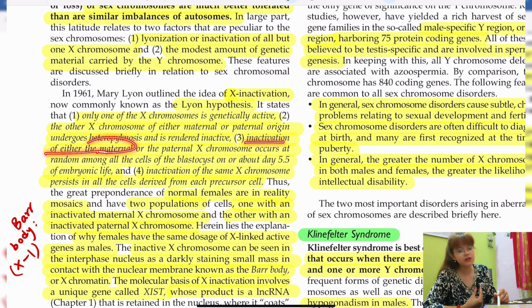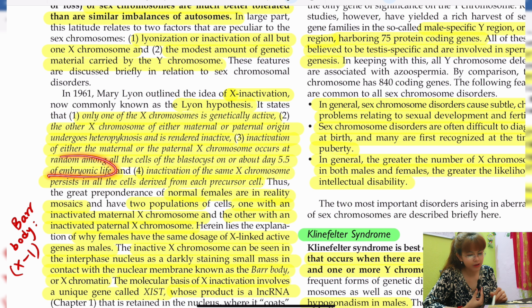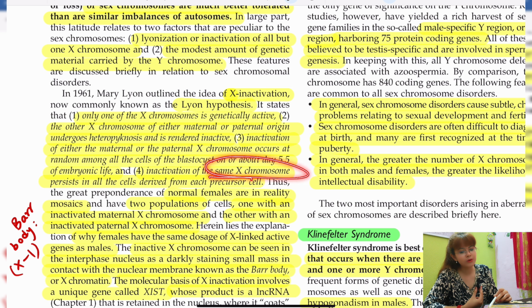Inactivation of either the maternal or paternal X chromosome occurs at random among all cells of the blastocyst on the 5.5 day. Inactivation of the same X chromosome persists in all the cells derived from the precursor cell. So in the embryonic stage, one of the X chromosomes is getting inactivated, and that is passed on to all the cells of the body.